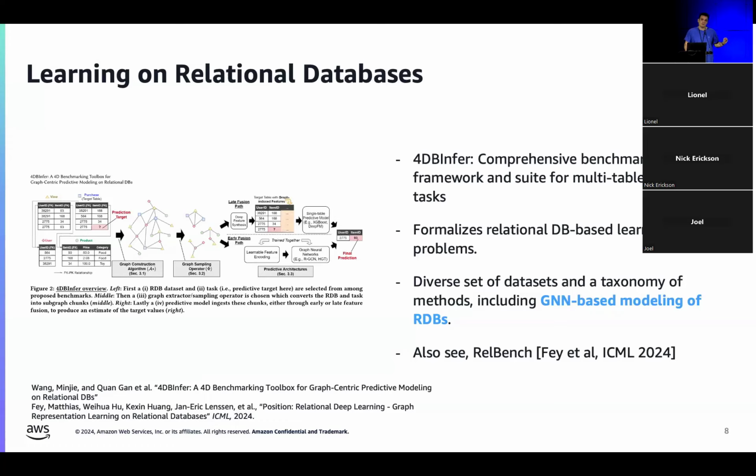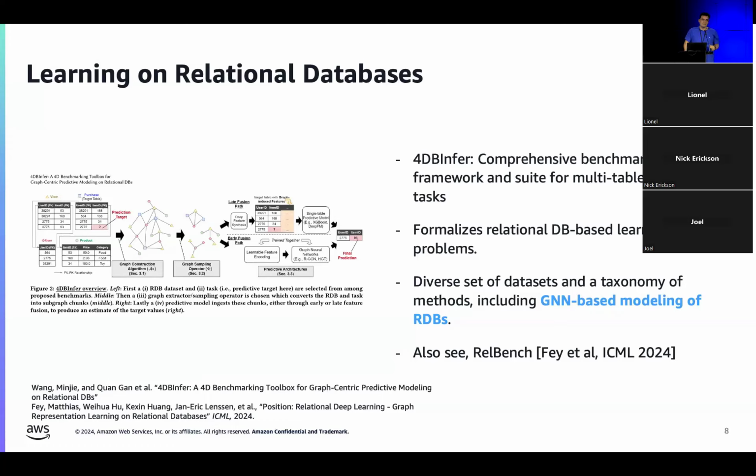But they also propose a formalization of how to translate relational database learning problems into graph neural network-based prediction problems, and work with that to actually solve the problem. And then they compare these two approaches. A very related work, also defining a benchmark and proposing how to translate relational databases into graph neural network problems, is by Matthias Fey and co-authors, called RelBench.